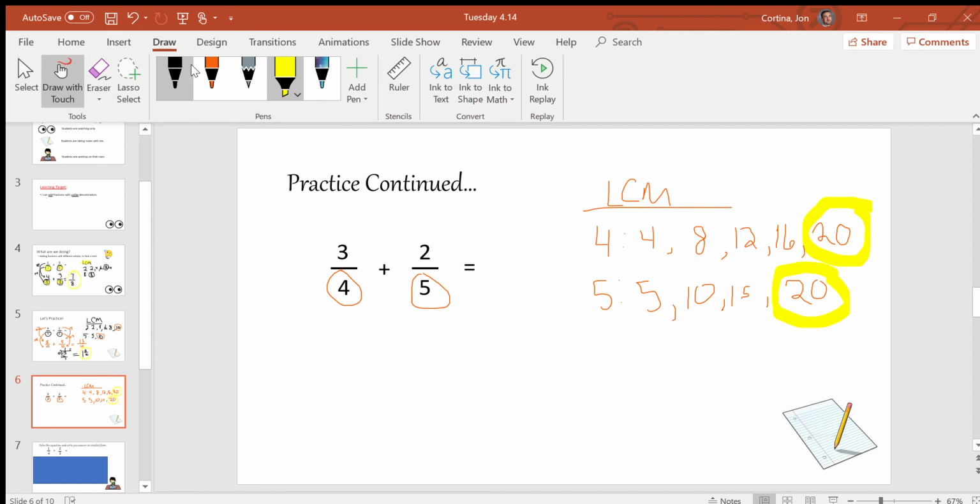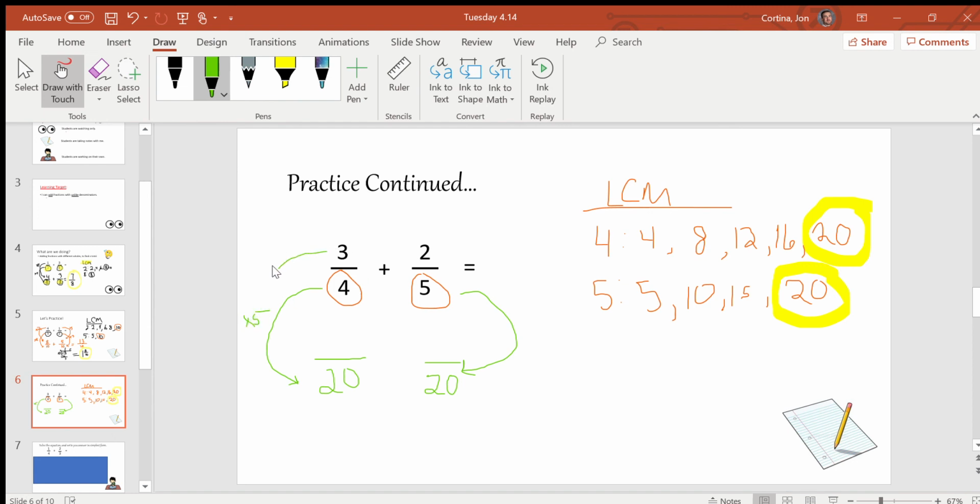So I know now that my new fractions are both going to have 20 as the denominator. Just write it right below. We're just finding equivalent fractions. And how did we get from 4 to 20 and from 5 to 20? Well, from 4 to 20 we multiplied by 5 to get 20.